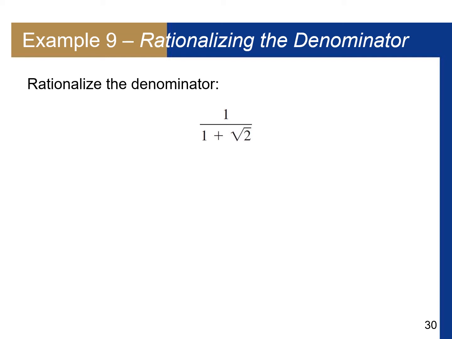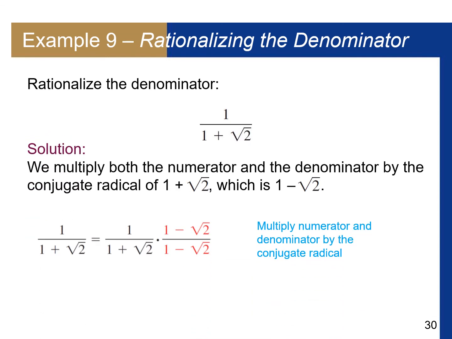Okay, here we go. Rationalizing this denominator, the conjugate of the bottom would be 1 minus the square root of 2. So I multiply it in a form of 1, which means it'll be 1 minus square root of 2 over 1 minus square root of 2. That's a form of 1. When I do this, I now on the bottom have a difference of squares.